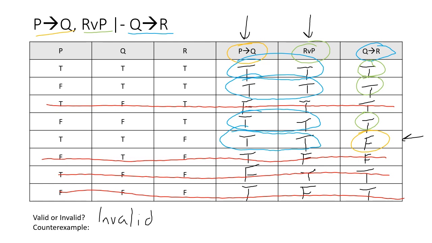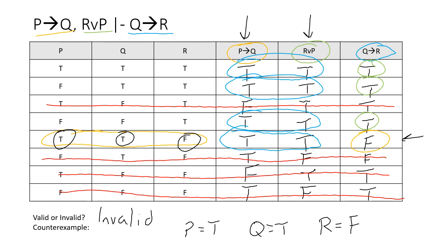And just as we've done before, determining the counterexample is pretty easy. All we have to do is look at the row in which it happens and look at our key. So our P is T, our Q is T, our R is F, and so that's our counterexample.